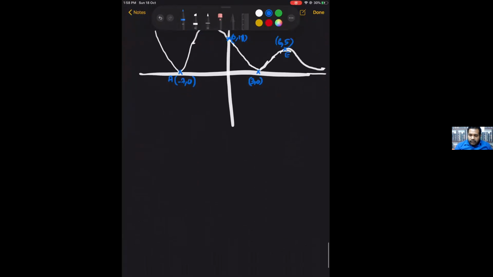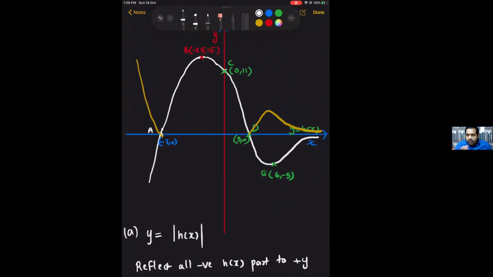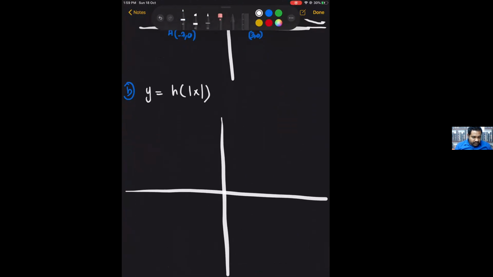Now, move to part B. We need to draw the graph for y is equal to h of modulus of x. How will we draw this graph? The idea is we are only interested in the positive aspect of h of x. So I will draw the positive aspect of h of x first.